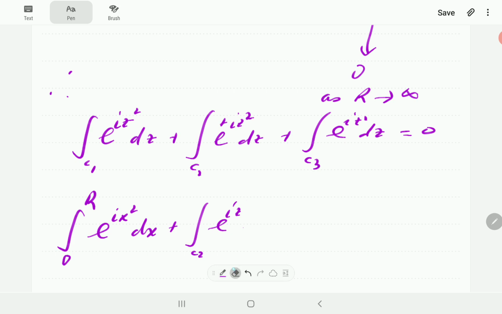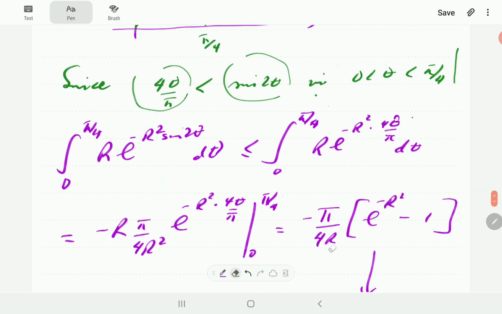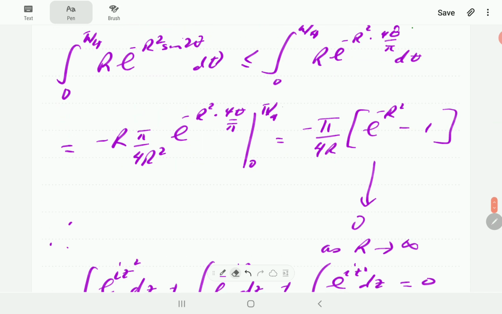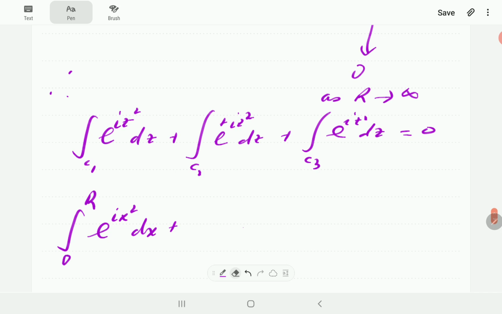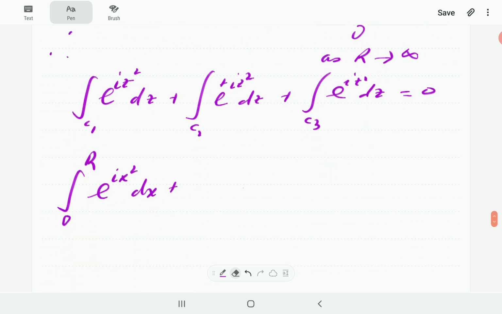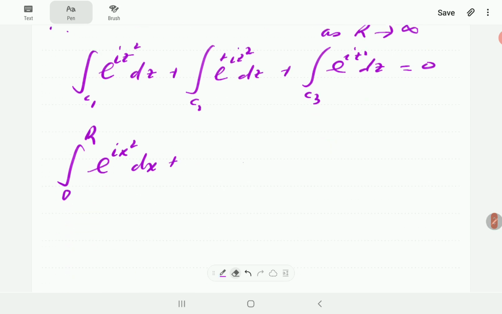Okay, and then we have got the one along C2, which we just worked out a while ago. Maybe let me write it out. So along C2, it's actually going to be this one. Well, it's an upper bound. Let me just write it out generically like this: e to the iz squared. We'll talk about it just now.